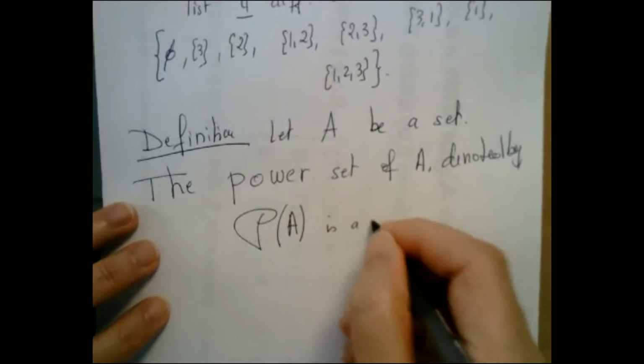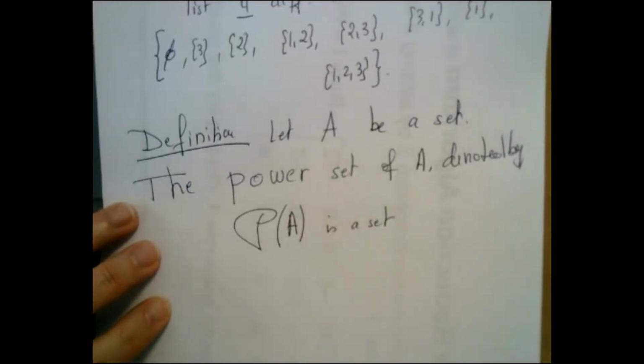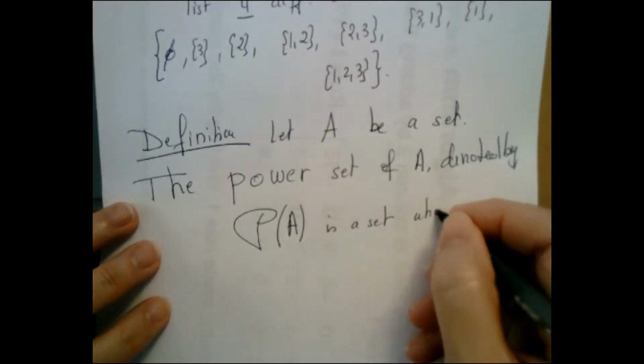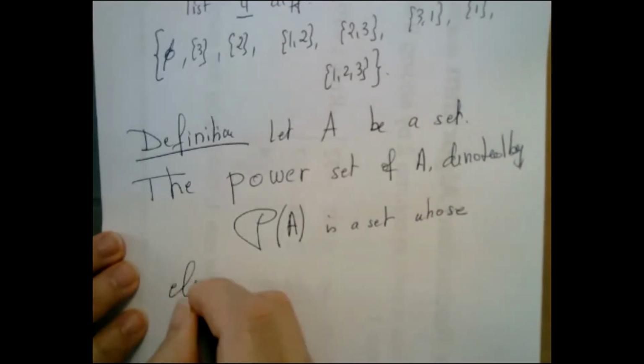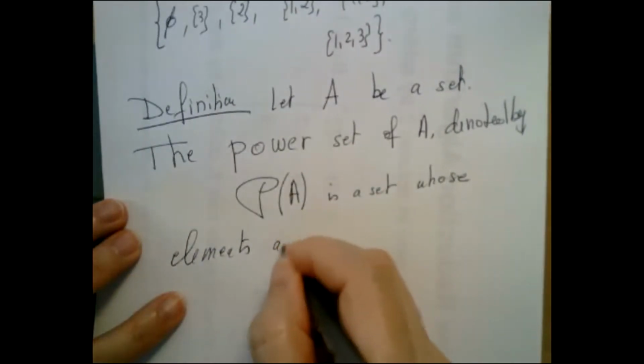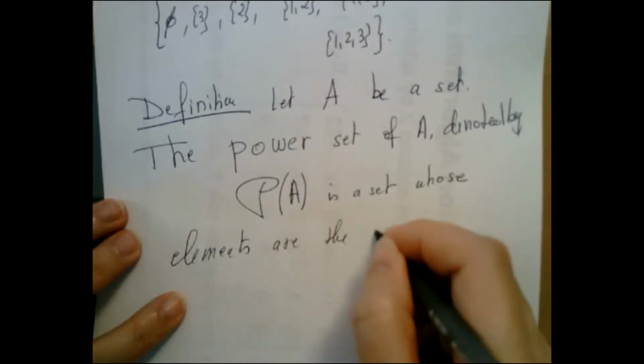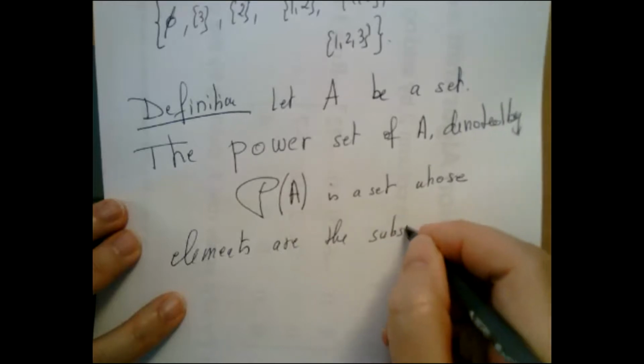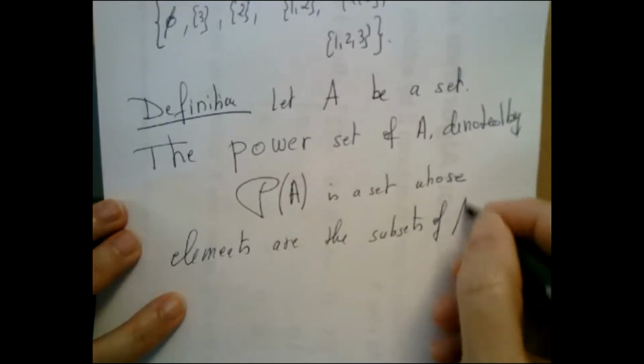So we're constructing a set, and when I construct a set, I have to tell you what the elements are. It's a set whose elements are the subsets of A.